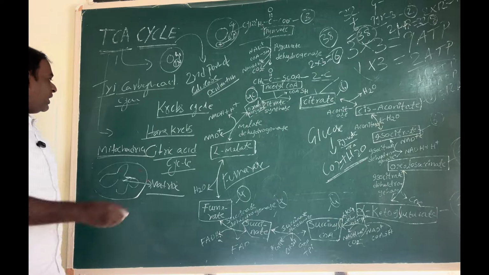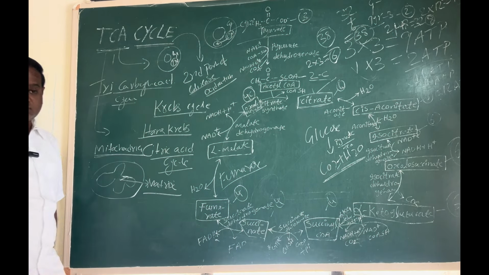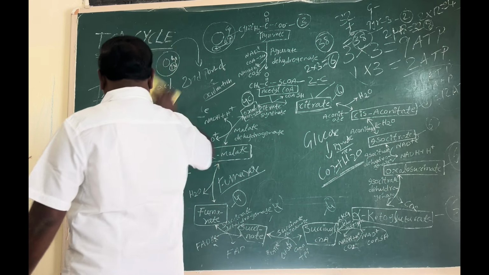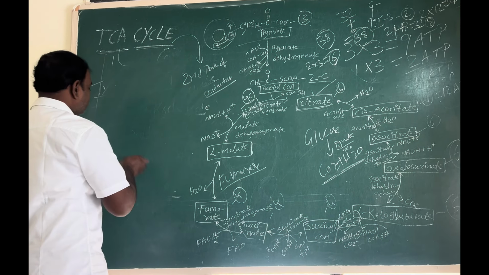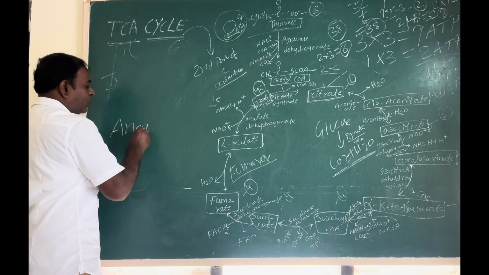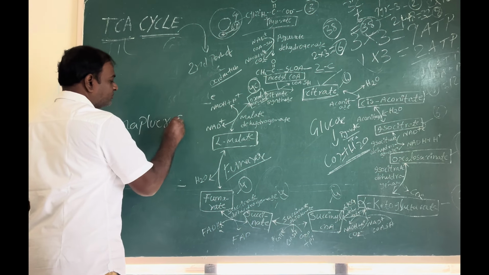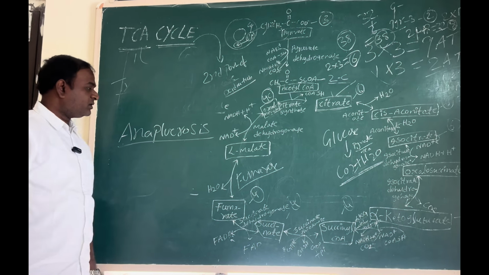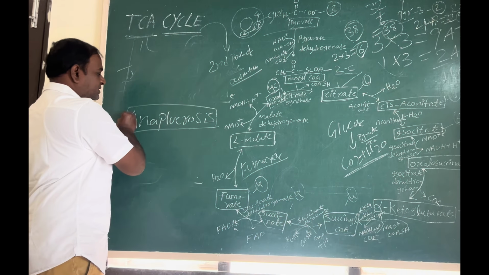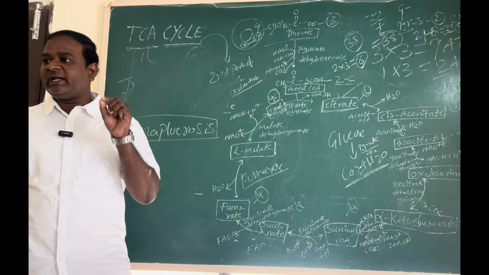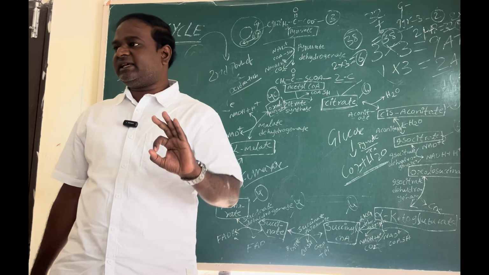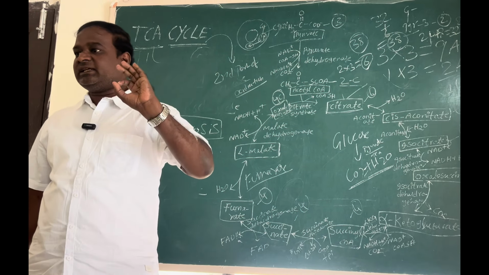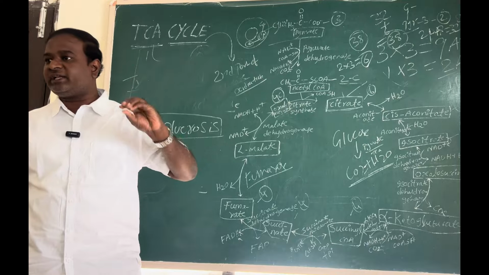That phenomenon is called anaplerosis. Anaplerosis means filling up of intermediates of the TCA cycle. Filling up of intermediates of the TCA cycle is done by anaplerotic reactions.